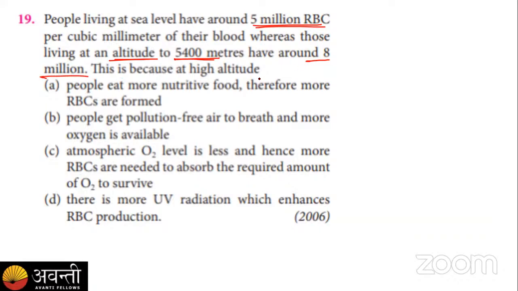This is because at high altitude, option A, people eat more nutritive food, therefore more RBCs are formed. B, people get pollution-free air to breathe and more oxygen is available. Option C, atmospheric oxygen level is less and hence more RBCs are needed to absorb the required amount of oxygen to survive. And option D says there is more UV radiation which enhances RBC production.